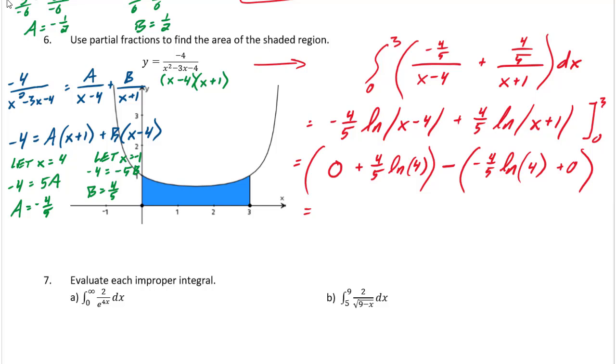So now it really looks like I just have a couple of natural log of 4s, both with coefficients of 4/5. I do have a minus and negative situation, so those actually will add together and become 8/5 times the natural log of 4. And that's really as much as I need to. I think if you did this on one of the calculators, they might break the 4 down to 2 squared and move the 2 out front.